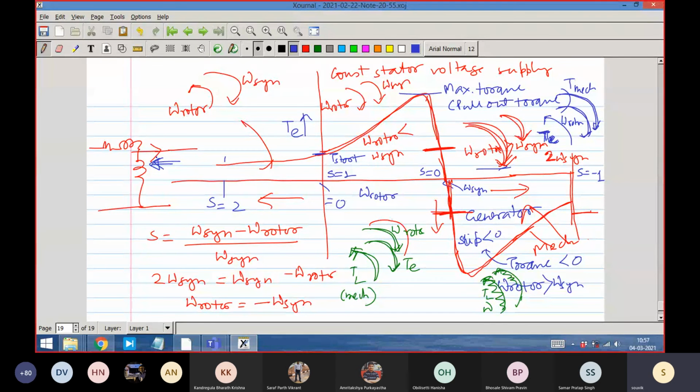Newton's law: eventually the torque has to be 0 to reach a steady state speed. In a motoring mode, the electrical fellow is the bully, dictating the direction of rotation. In the generator mode, the mechanical fellow is the bully, deciding the direction of rotation. Its direction and the direction of rotation of the rotor are the same, and the electrical fellow opposes that. Electrical and mechanical torques are always opposing each other. They have to, otherwise they do not sum up to 0.